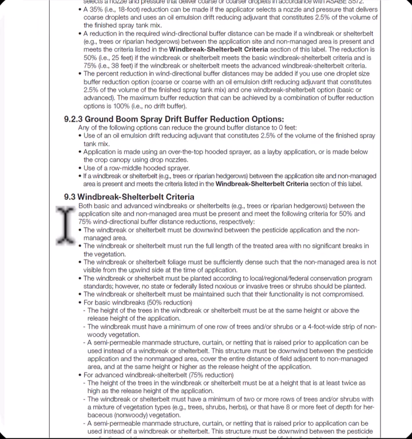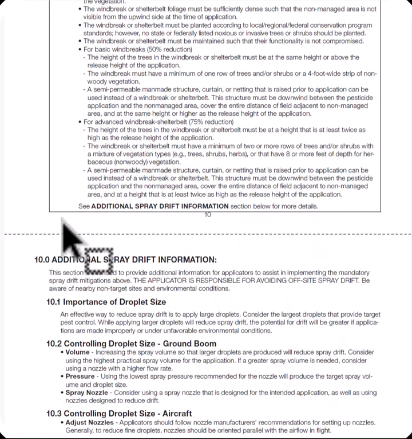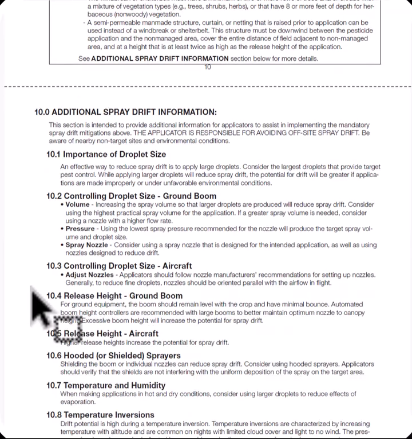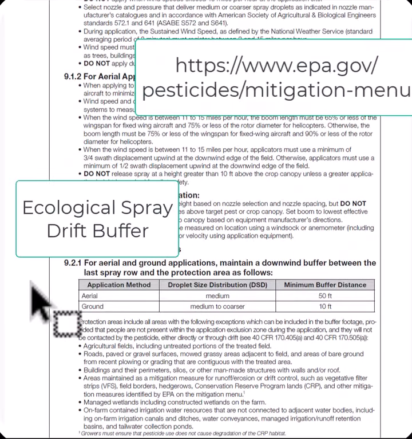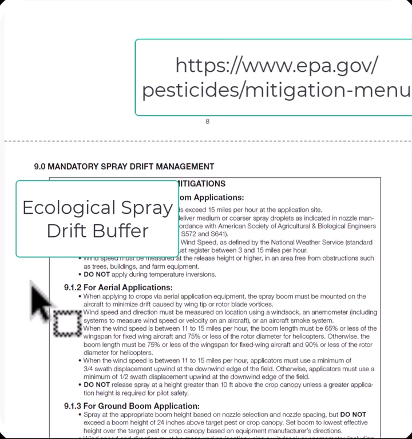But the idea is read through each of these to figure out how much to reduce your product by, and then abide by all of the rules in the spray drift. Now, there are some that will have information where that's a much bigger drift, and it will refer to something called a mitigation menu, ecological spray drift, and that will cue you in to go check out the website that we are going to look at in the next video.